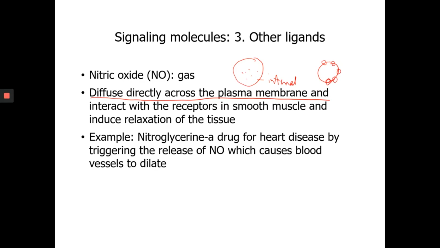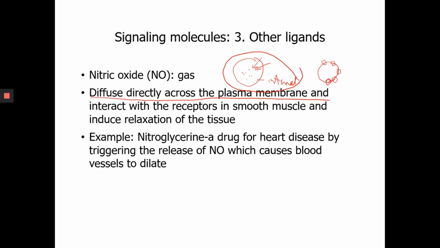Okay, I'll give you a few seconds. Right, so if they can cross the plasma membrane, then their receptors are going to be internal. If they can cross very easily, their receptors will be inside the cell. All right, so nitric oxide, this is a very interesting fact.